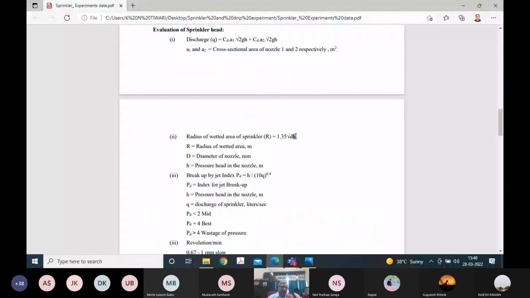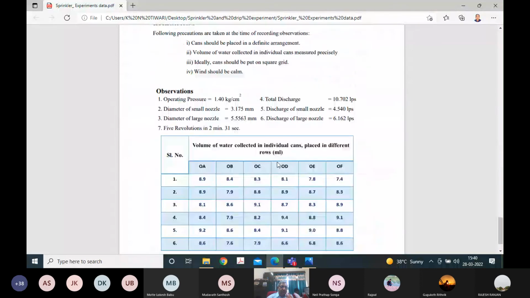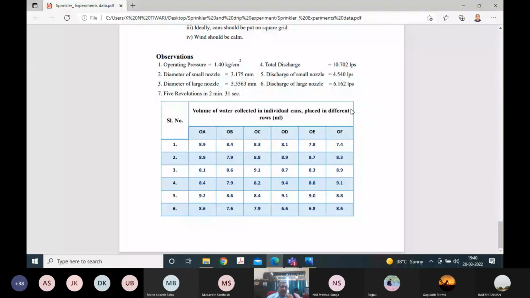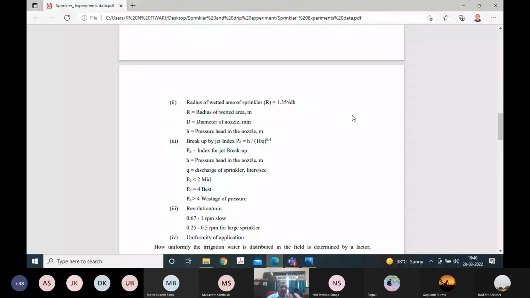You know the operating pressure, that is 14 meter, and D is known, the diameter of the nozzle. Take the bigger diameter because that is the spread nozzle. That is given to us, 5.563. So the diameter of the nozzle is known in millimeter, and the operating pressure is in meter. Substitute and you get the value of the radius of the wetted diameter.